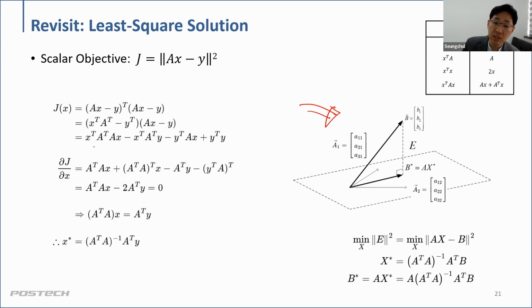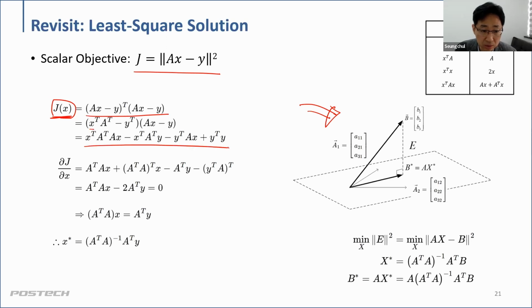But we can see these least square problems as optimization problems, and it turns out that this is another convex problem. We can define this one as the objective function, and I did that, and we can get the gradient like that.